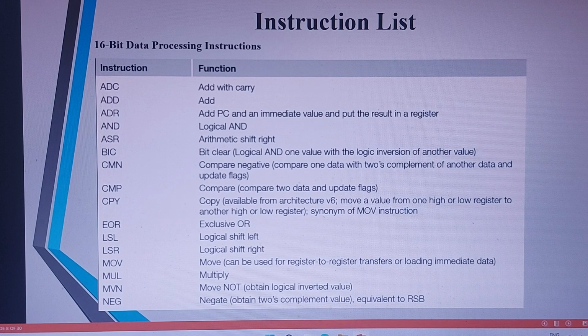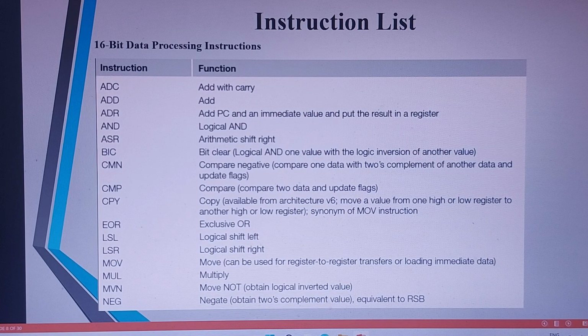Then we have MOV, move register, which can be used for register to register transfer or loading an immediate value. An immediate value is when we give a value in the instruction itself by prefixing the value with the hash symbol. That we call the immediate value, or it can be used to transfer the value from one register to another register. Then multiply.